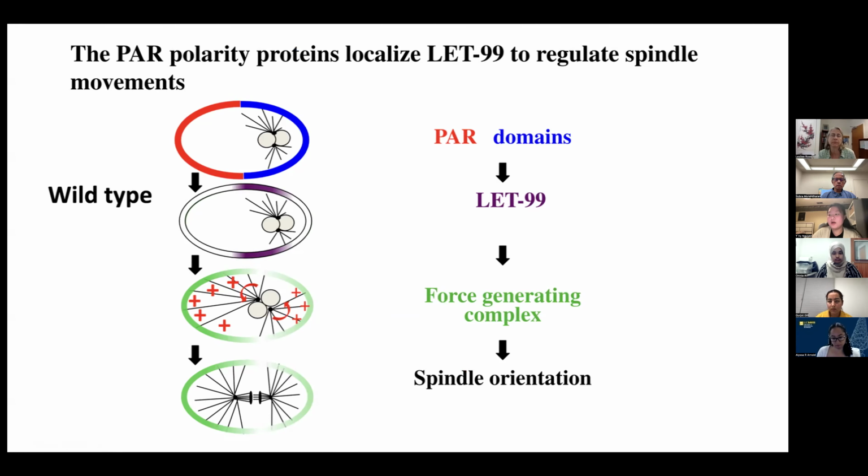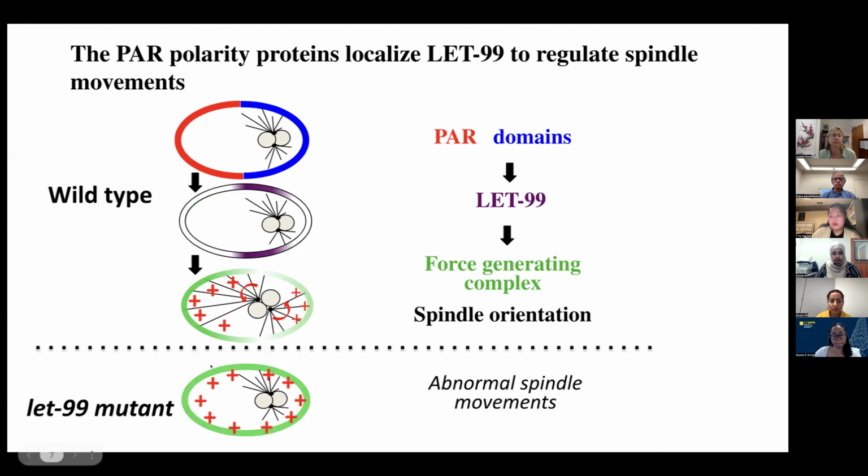The polarity proteins are conserved proteins at opposite sides of the cells, in C. elegans and in other organisms. They regulate the distribution of the cell fate molecules and also determine the spindle positioning.